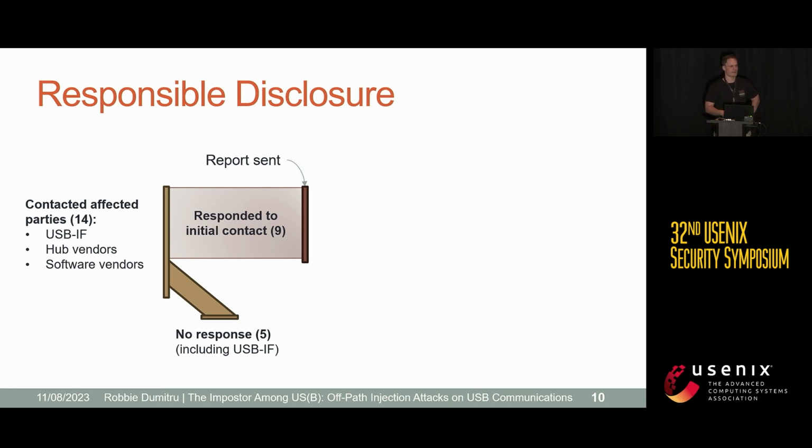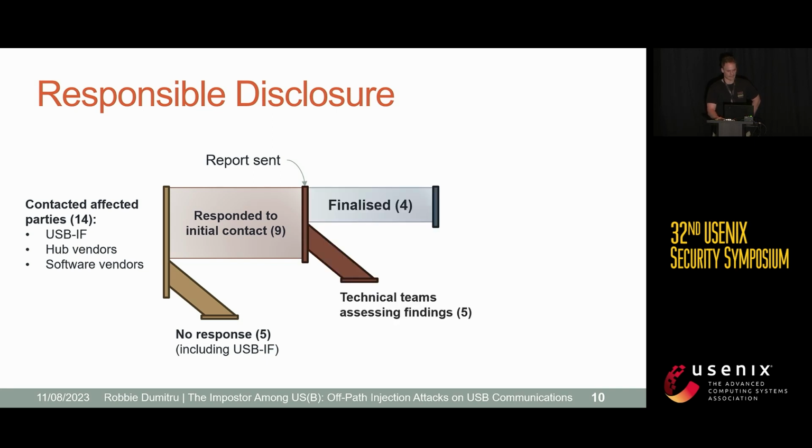Those that responded, we then sent through a report detailing our findings. This was probably about 2 years ago now, and it seems like 5 technical teams are still assessing our findings, supposedly. And of those 4 who finalized the responsible disclosure process, we got rather dismissive answers in some cases.